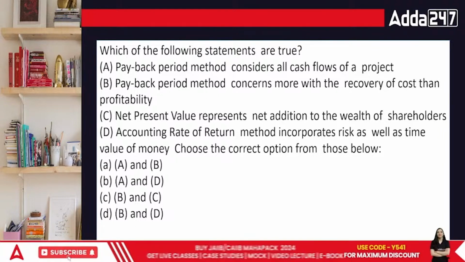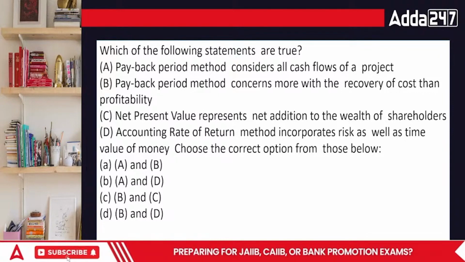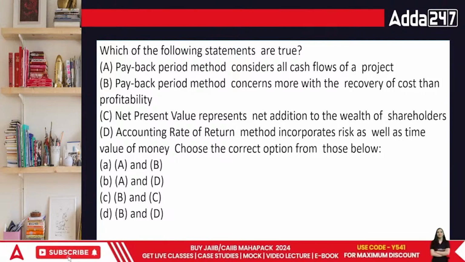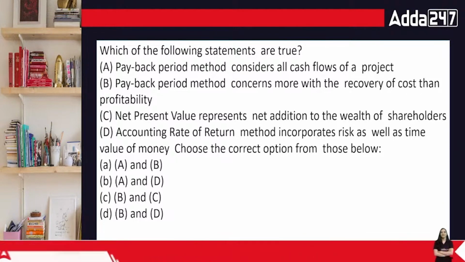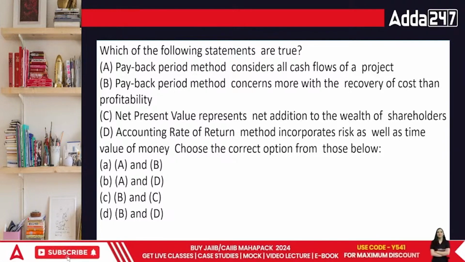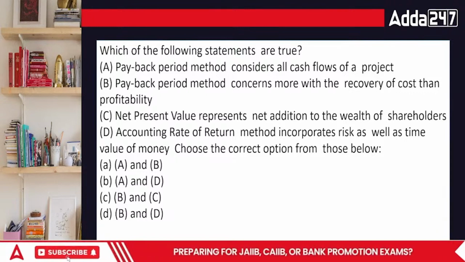B: Payback period method concerns more with the recovery of the cost than profitability. C: NPV, net addition to the wealth of the shareholders. D: Accounting rate of return method incorporates risk as well as time value of money. Choose the right option, everyone: A and B, A and D, B and C, or B and D. What's the correct answer?